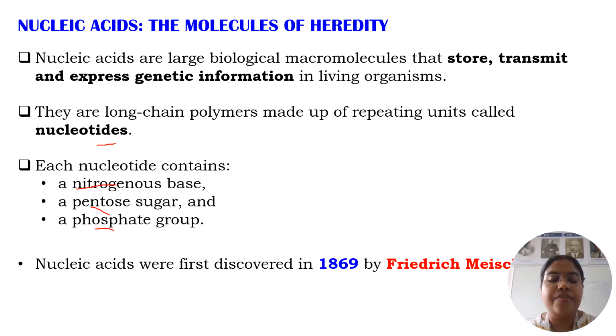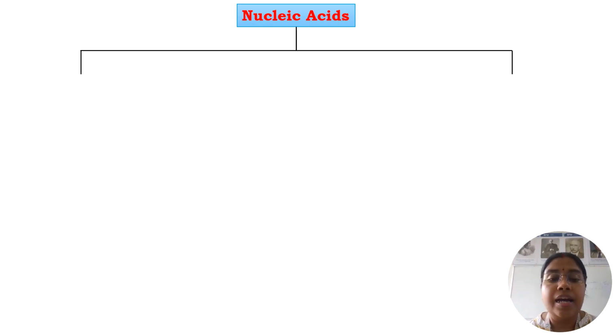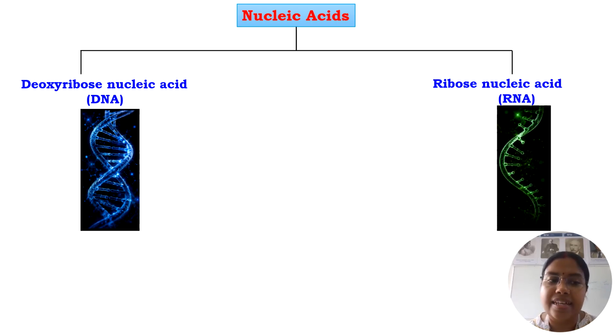Nucleic acids were first discovered in 1869 by Friedrich Miescher. Nucleic acids are of two types: one is DNA, the deoxyribonucleic acid, and the other is ribonucleic acid, RNA.